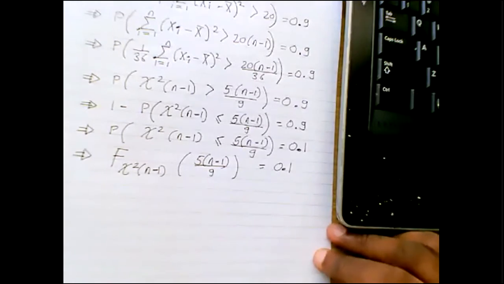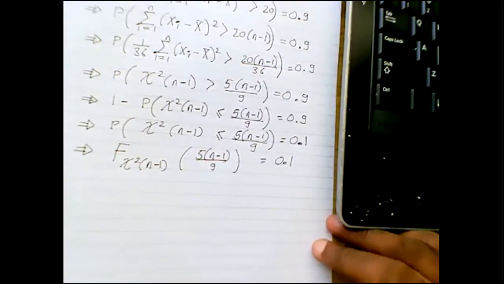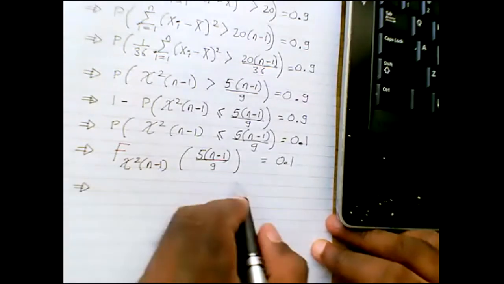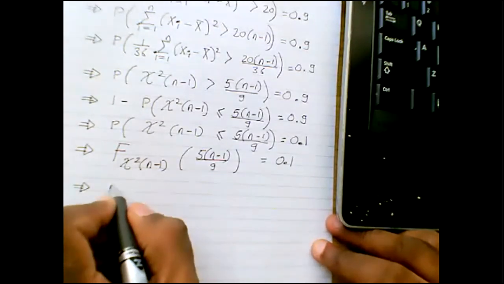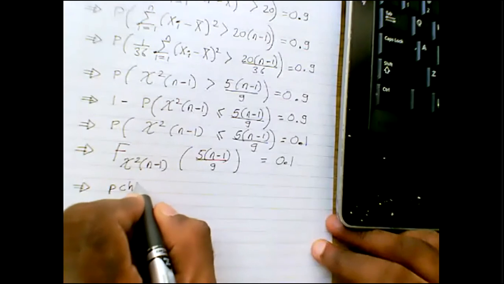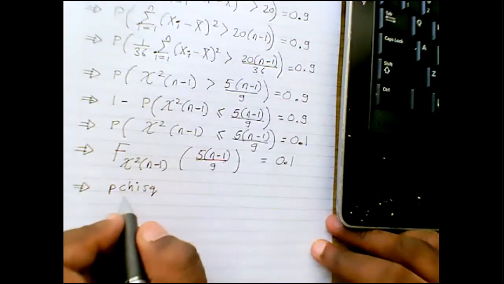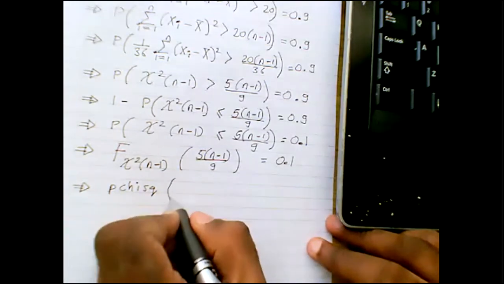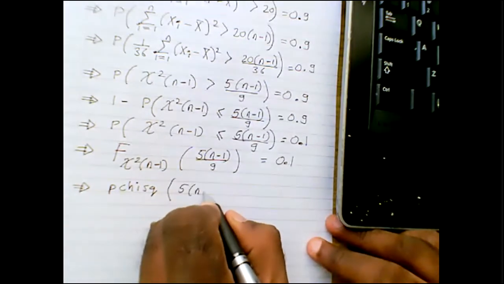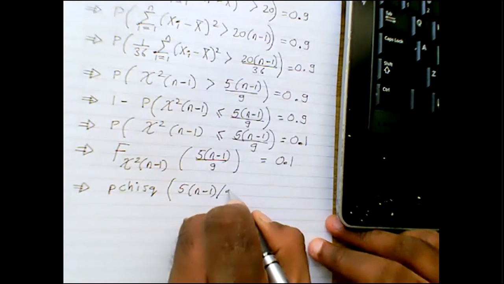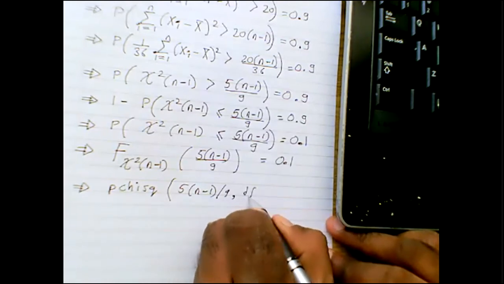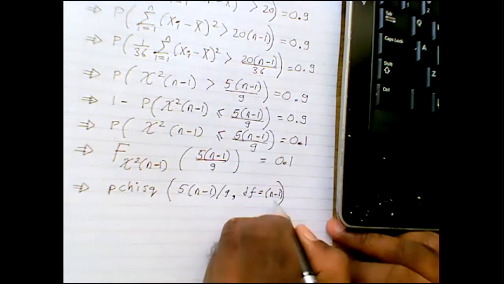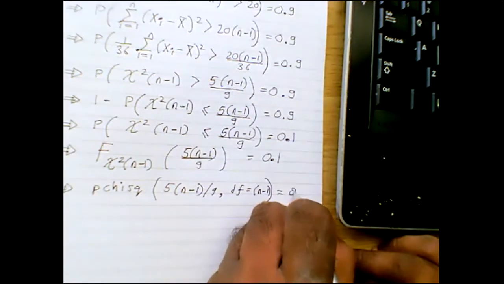Now if you're using R, you can compute the left-hand side as P CHISQ, in other words, the probability of chi-squared at 5 n minus 1 divided by 9 with the degree of freedom df equal to n minus 1, and this is equal to 0.1.